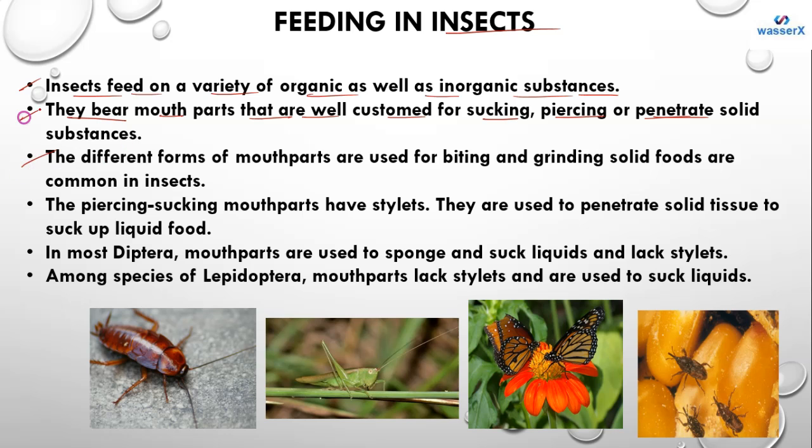Different forms of mouth parts used for biting and grinding solid food are common in insects. The piercing and sucking mouth parts have a stylus, used to penetrate solid tissue to suck up liquid food from plants or other organisms.